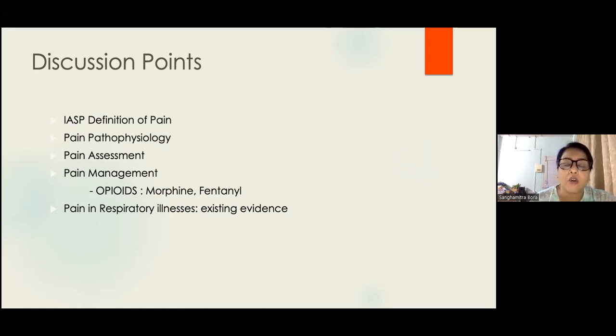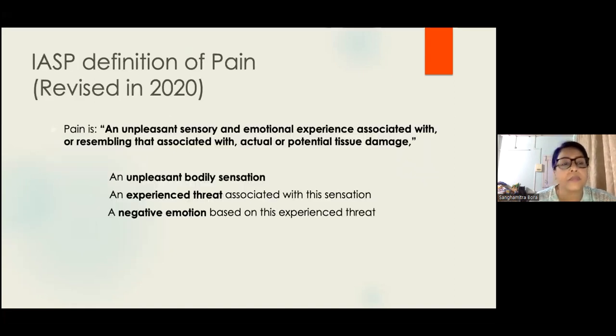Along with that, I'll present a little existing evidence to remind us that pain is an important factor that decreases the quality of life of any person going through a respiratory illness.